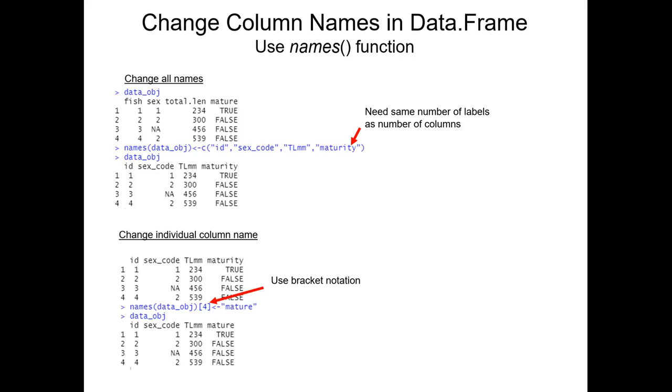So you can use names, the data frame, and then followed by a bracket with the position of that column. So in this case, we're going to change column name maturity at column 4 into mature. And when you, in the example below, when you do that, it's changed back. So you can use the bracket notation to assign names to certain positions of the column names and stuff like that.